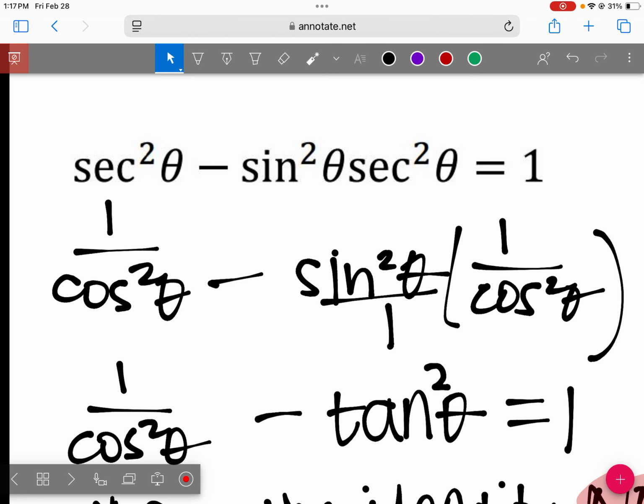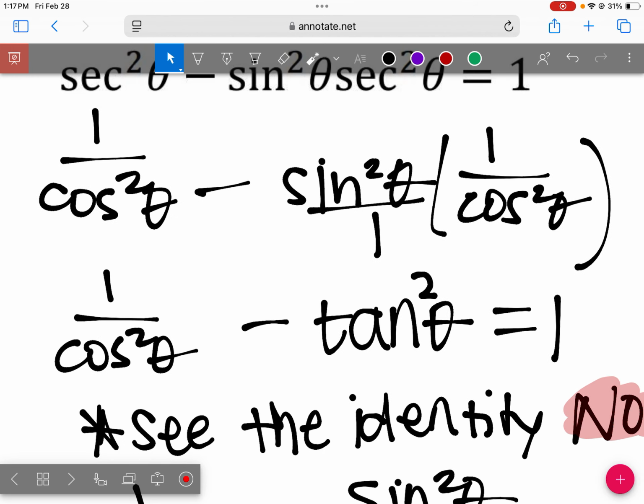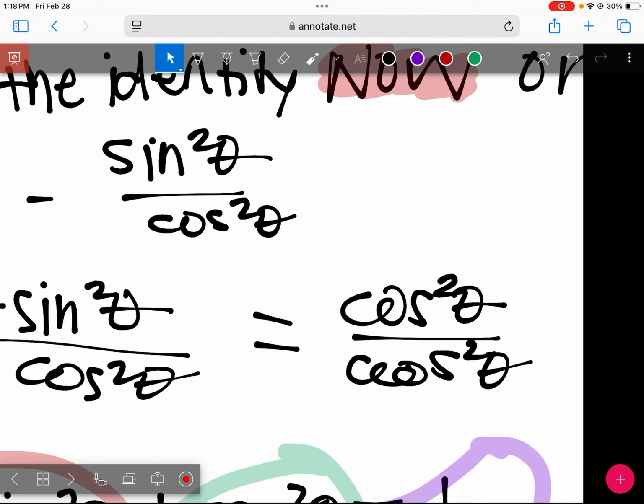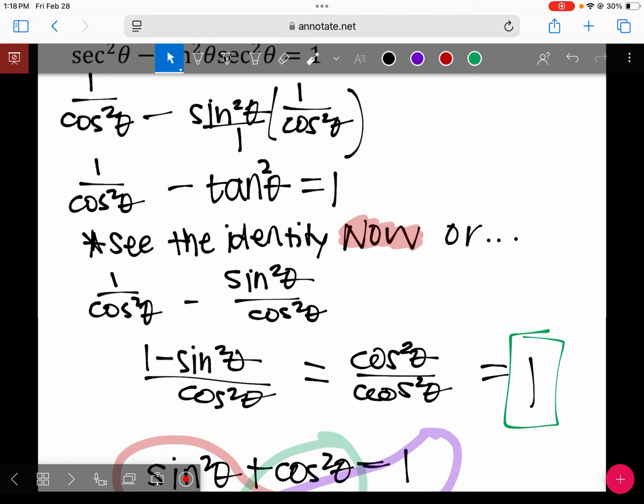Or what you guys all did is perfectly fine, and we even saw within that 2 different ways to do it. You turned it back into sine squared over cosine squared, found the bases, we had one group turn the cosine squareds into 1 minus sine squared, and a different group turn the 1 minus sine squared into a cosine squared. Both of those are absolutely okay. And we all end up in the same place, which is 1.